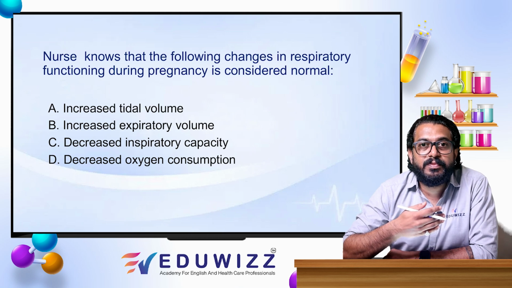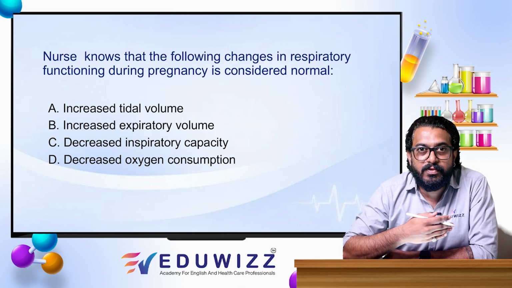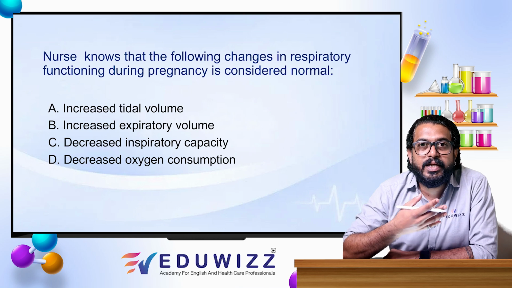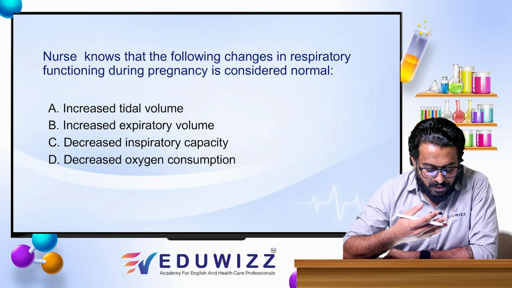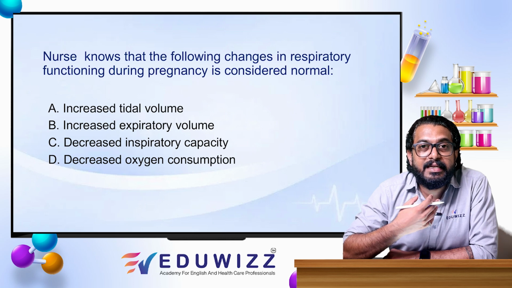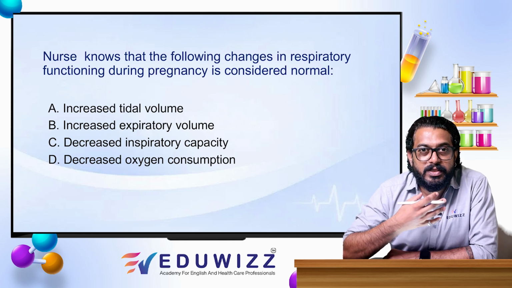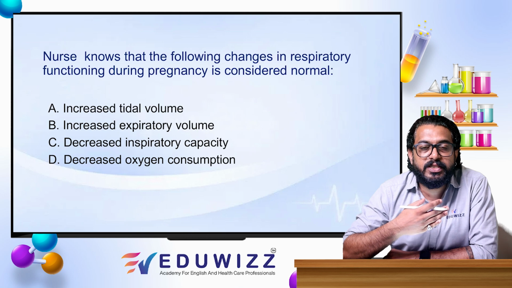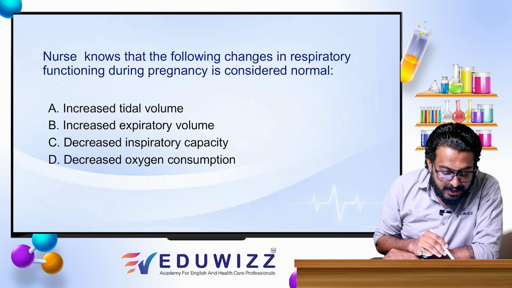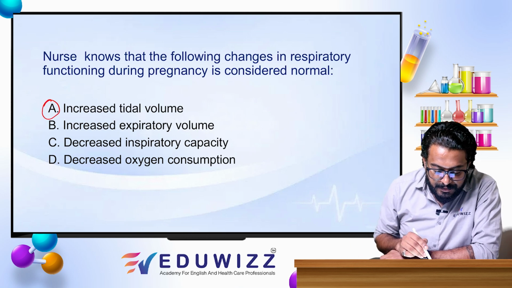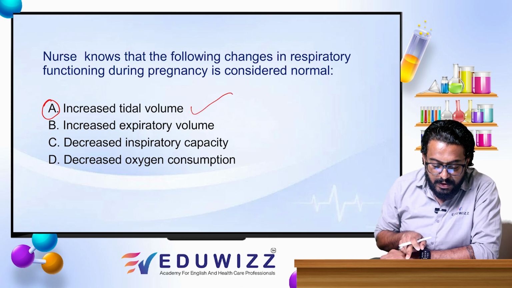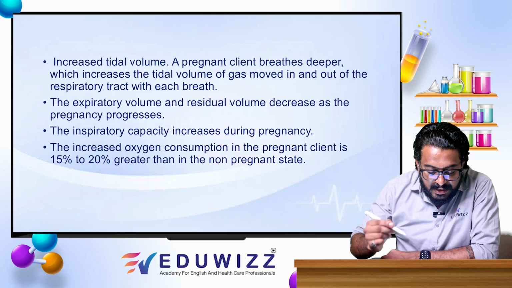And oxygen consumption, because there is more requirement of oxygen, will be increased during pregnancy. So these are the facts related to respiratory function. So answer here is increased tidal volume.